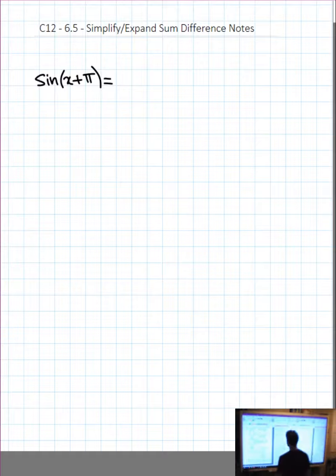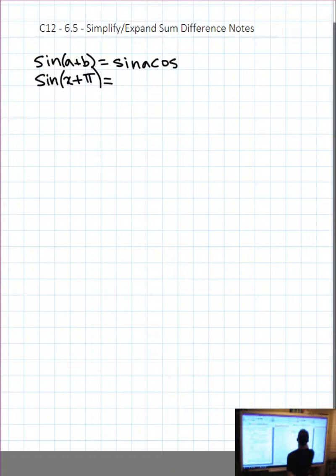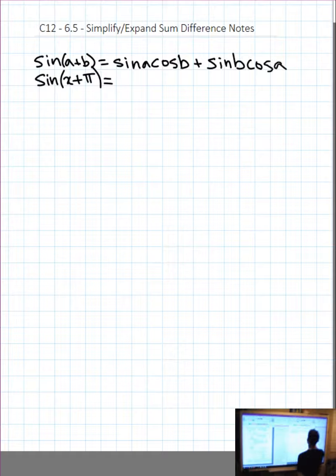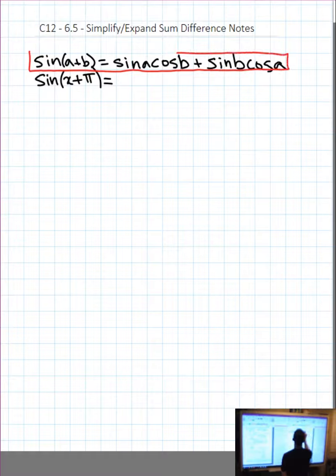And we have an identity for a left-hand side being a sine plus, and that's sine of a plus b is equal to sine a cos b plus the reverse, sine b cos a, or cos a sine b, whichever way you like. And that's an identity, so I'm going to put a big rectangle around it as best as I possibly can.